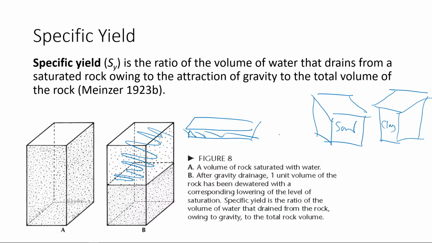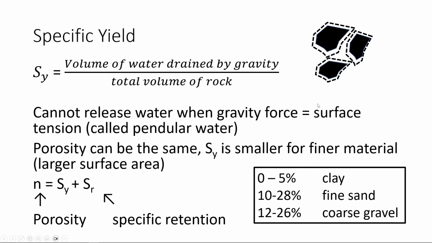If I open the screen here and let the water drain, let's say in 10 minutes, I will have maybe that much amount of water. From the clay, not much will drain because the flow is very slow. So that is called specific yield: the volume of water drained by gravity over the total volume of rock.